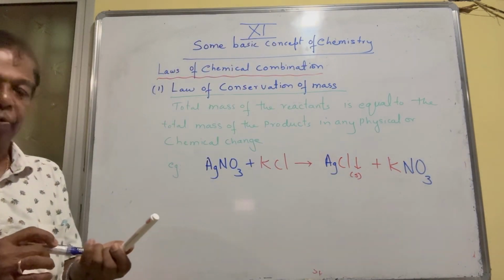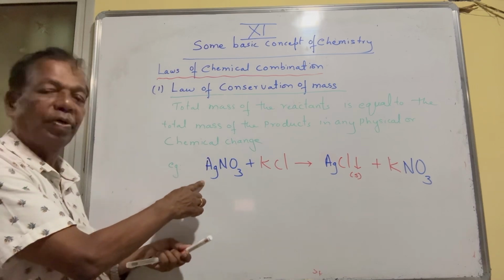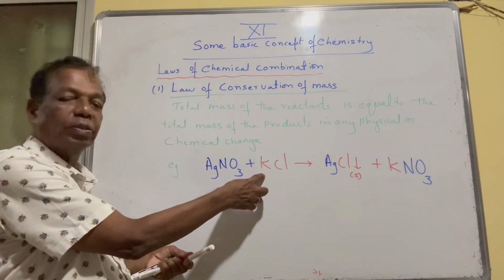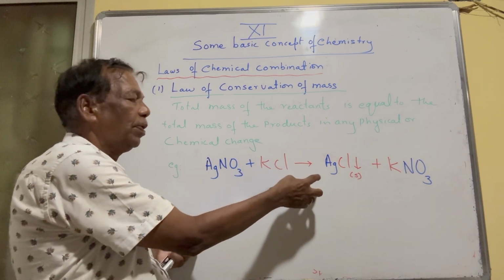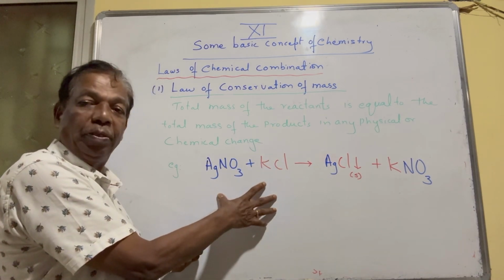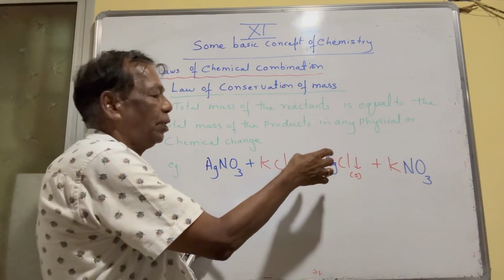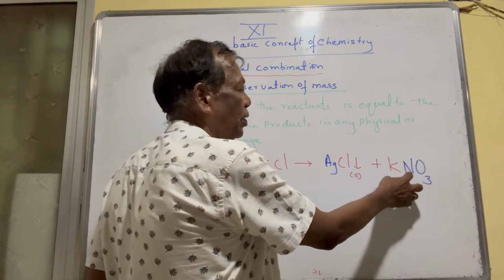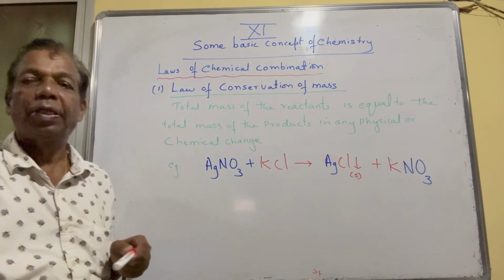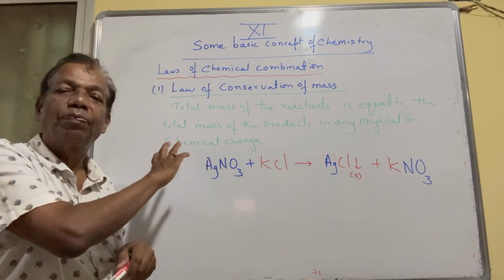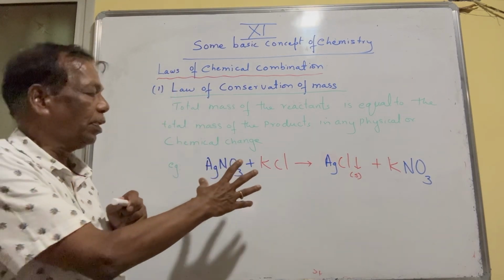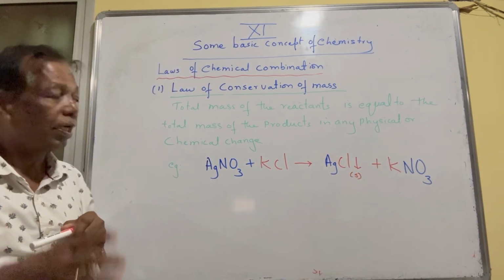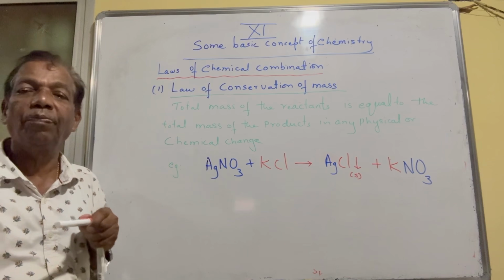If we take the mass of silver, nitrogen, oxygen, potassium and chlorine in the reactants and add up the total mass, and then take the mass of silver, chlorine, potassium, nitrogen and oxygen in the products, this total mass is found to be the same. That is the law of conservation of mass.